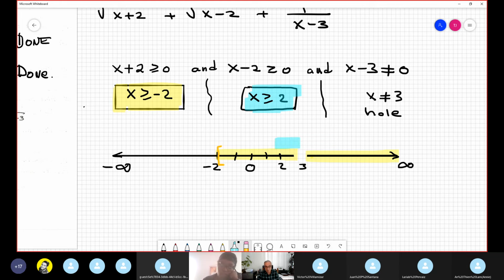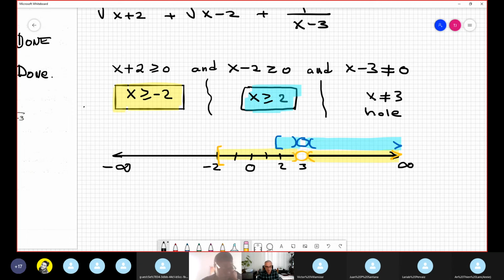It's from 2, stop here, continue. This is a bracket again, and it continues forever in that direction. Remember we have a hole, and the interpretation for the hole in both cases is parenthesis.